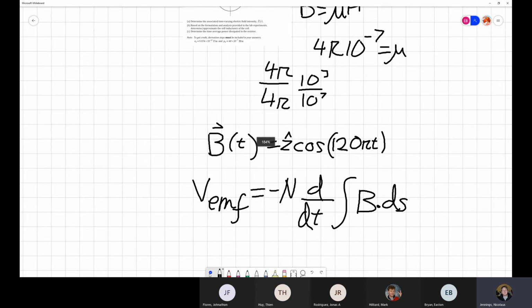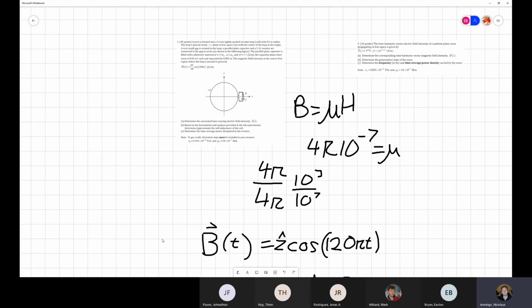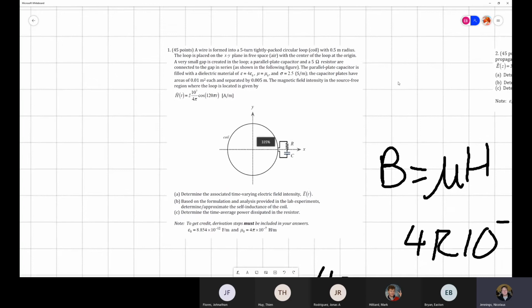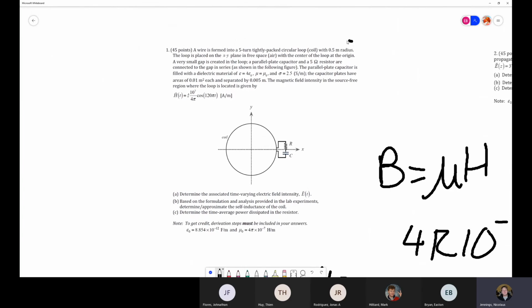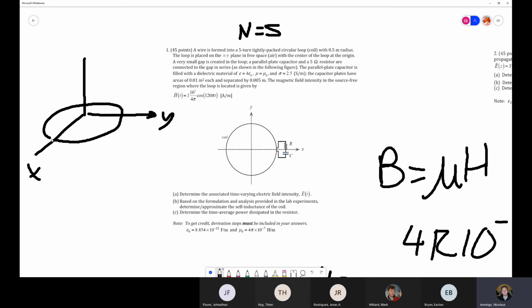Okay, let's go back to the problem, see if we can try to fill some of these spaces in. So what we'll see is we're given a radius, right? That's what we can use to help solve for the area. 5 turns, so that's N. N right here is 5. We're then told it's placed in the xy plane, so we can draw a picture for x, y, and you can just draw the loop right here.